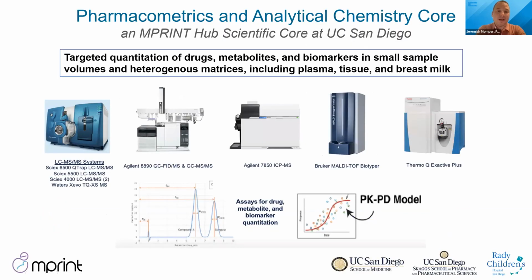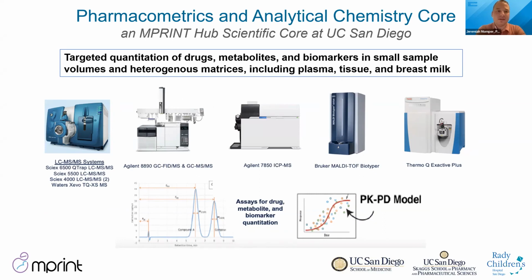A little background about who we are and what we do within the pharmacometrics and analytical chemistry core at UCSD. So we are one of the MPRINT Hub scientific cores. And although we're based at UC San Diego and we support the UC San Diego CET, Center of Excellence in Therapeutics, we're also available to support projects across the entire MPRINT.